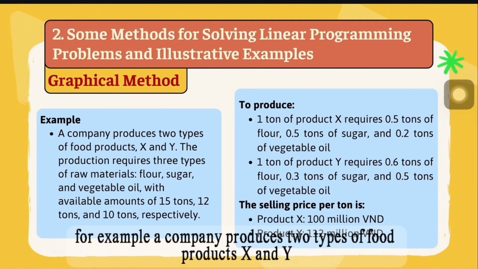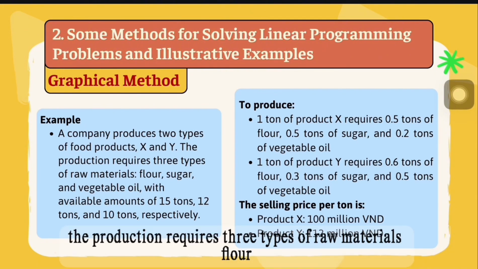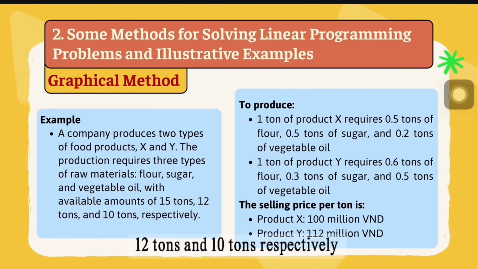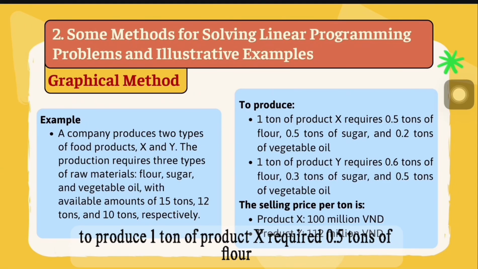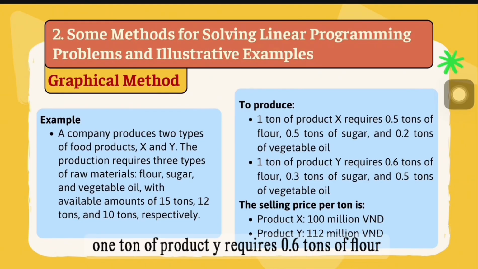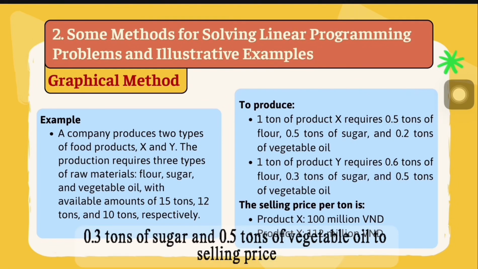For example, a company produces two types of food products, X and Y. The production requires three types of raw materials: flour, sugar, and vegetable oil, with available amounts of 15 tons, 12 tons, and 10 tons respectively. To produce 1 ton of product X requires 0.5 tons of flour, 0.5 tons of sugar, and 0.2 tons of vegetable oil. 1 ton of product Y requires 0.6 tons of flour, 0.3 tons of sugar, and 0.5 tons of vegetable oil.